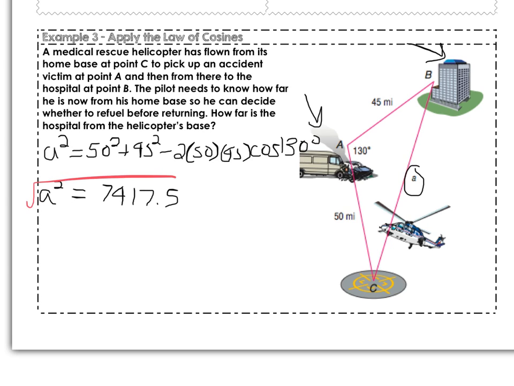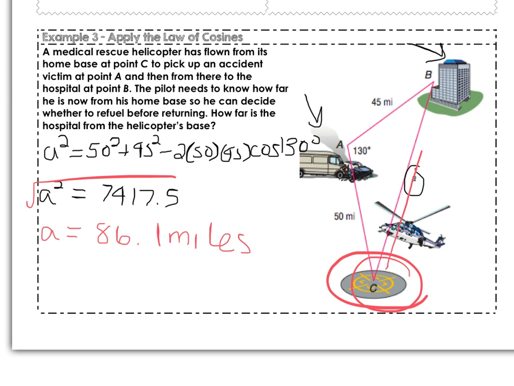Then you're going to take the square root of both sides. You get that A is approximately 86.1. And it looks like we are in miles. And so the conclusion that you would draw is that the helicopter landing base is 86.1 miles away from the hospital, which is actually pretty far away.